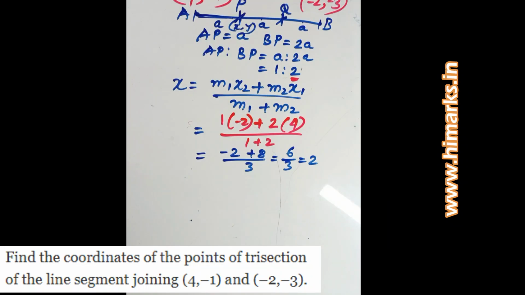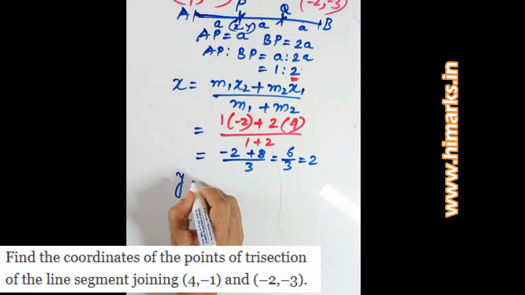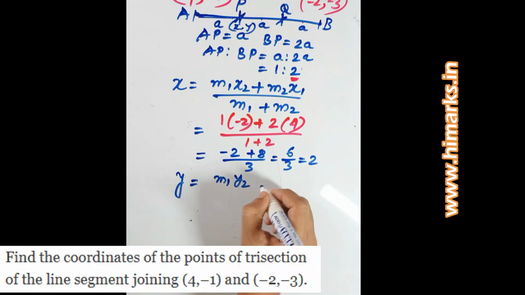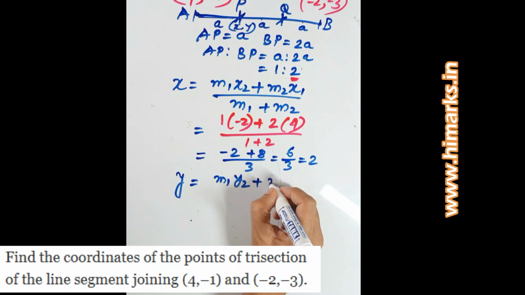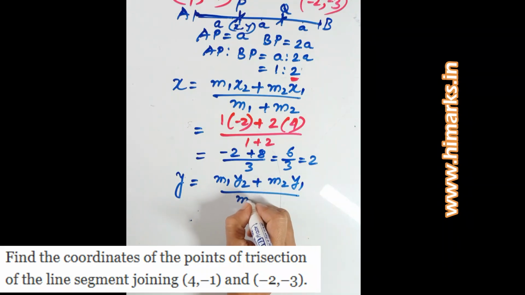Next, we will repeat the same thing for y. For y, m1 y2 plus m2 y1 by m1 plus m2.